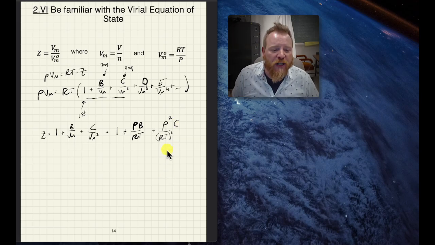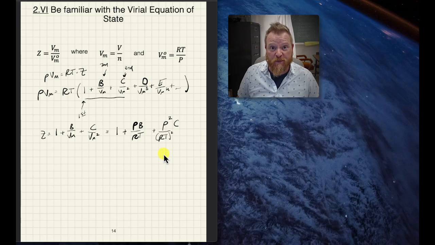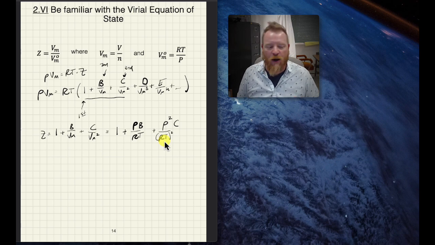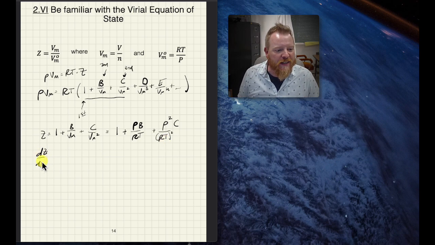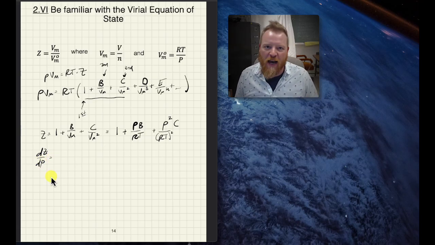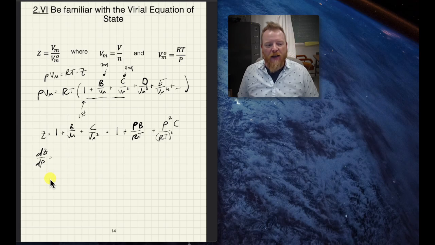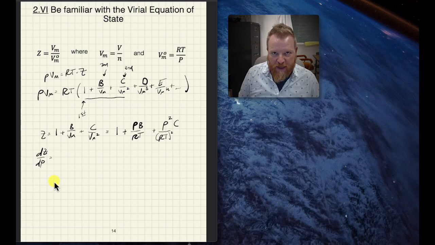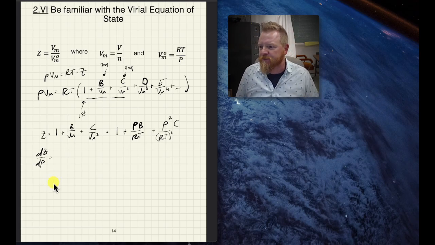Now generally in this process and in this class, we like to think of derivatives as a way of teasing out relationships. So if we look at the derivative dZ by dP, that's going to allow us to tease out how the compression factor depends on changes in P, changes in Z with changes in P. And if I go through and carry that derivative, dZ by dP of 1 is 0, so that drops out.